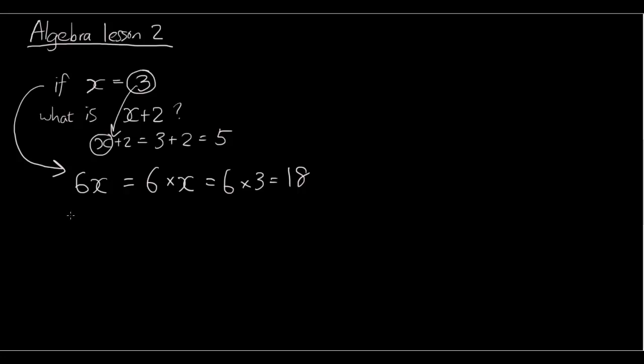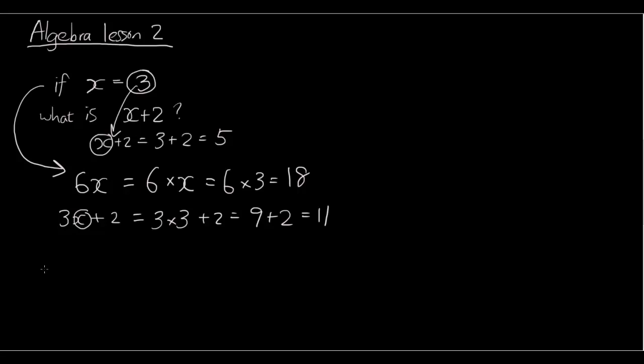If x equals 3, what about 3x plus 2? That'll be 3 times x is 3 times 3 plus 2, which will be 9 plus 2, which will be 11. So all of these questions relate to substituting x into an equation.